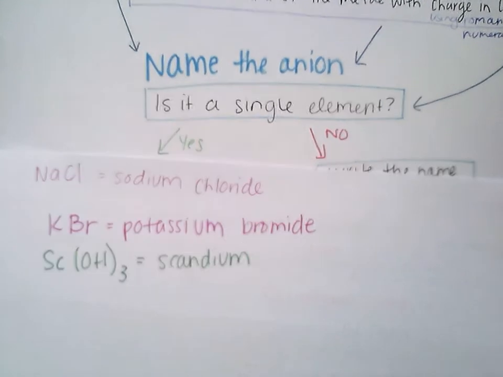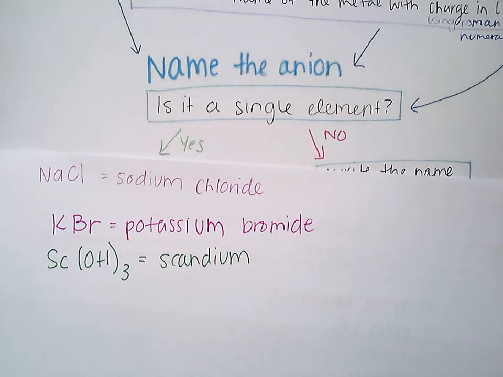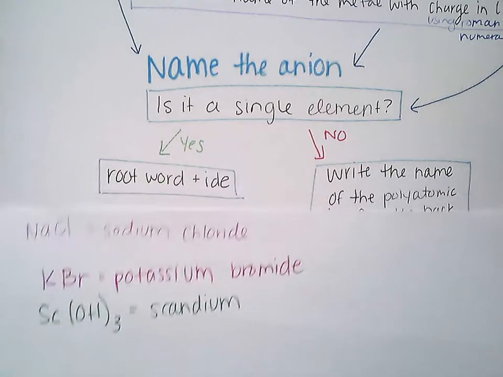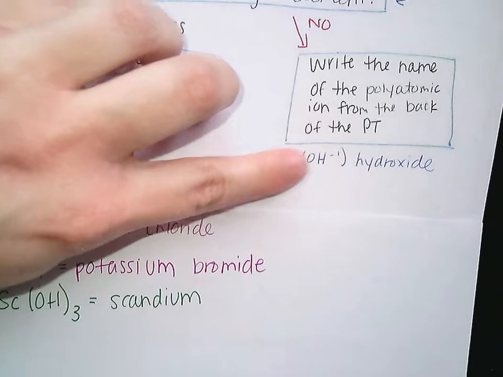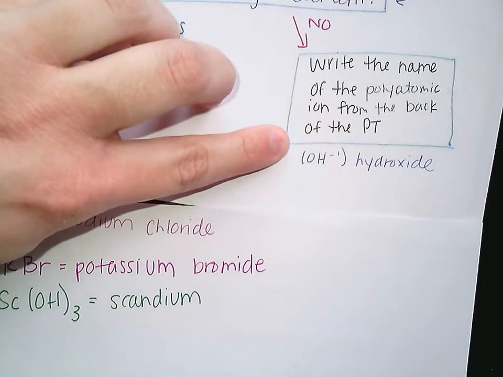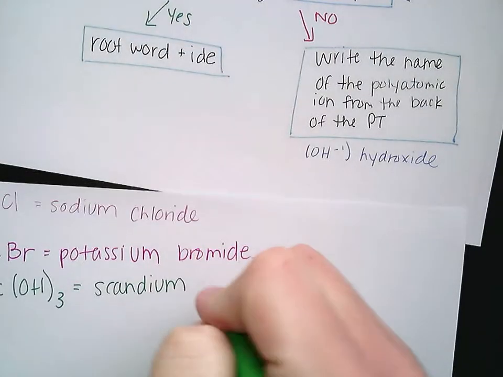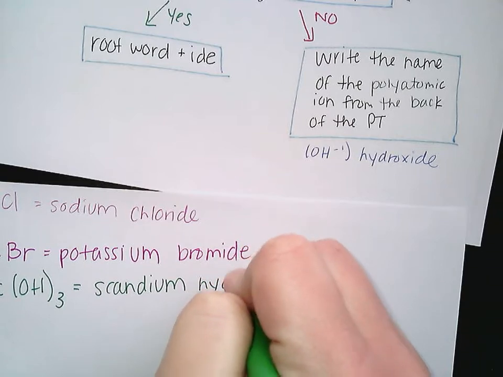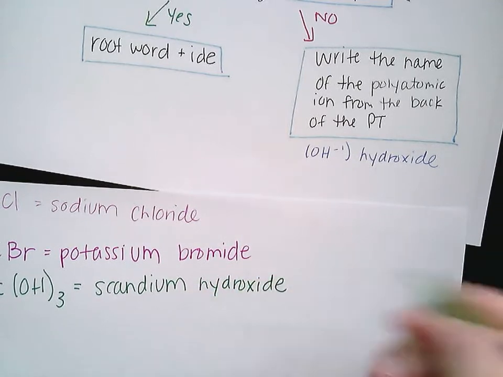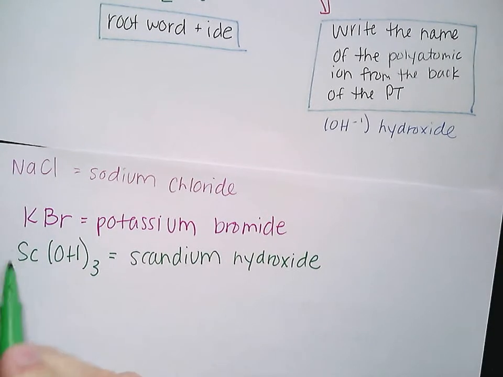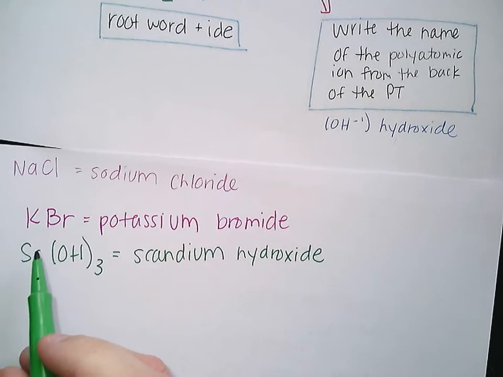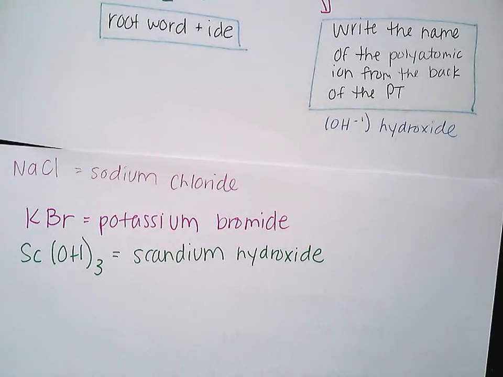So I need to look at the back of my periodic table. But wait, this is OH, and we wrote that exception on there. That is one you have to know. So that is hydroxide. We still haven't had to show any work because we haven't had to calculate a charge yet. Even though this wasn't a pattern metal, because it was an exception, we do not have to use our Roman numerals there.